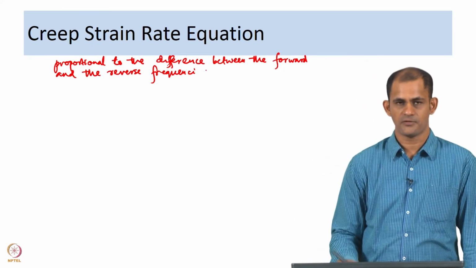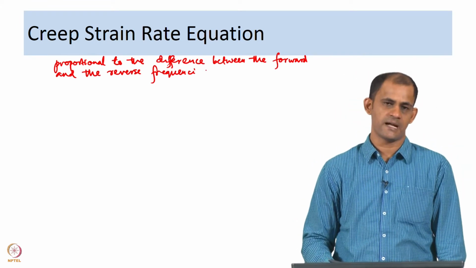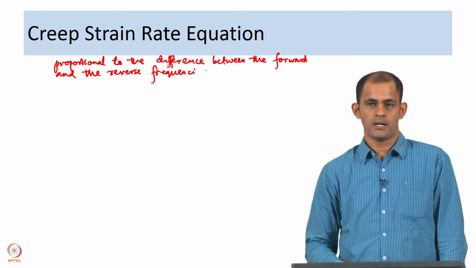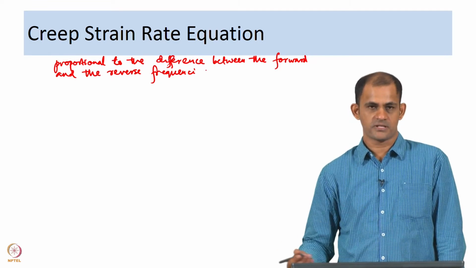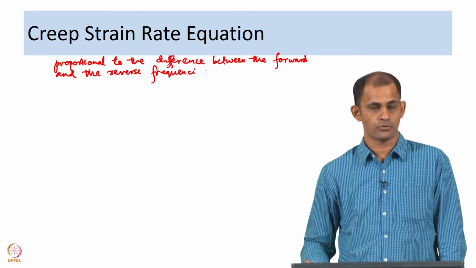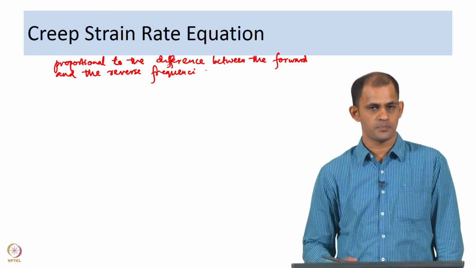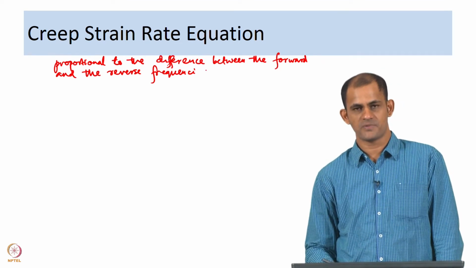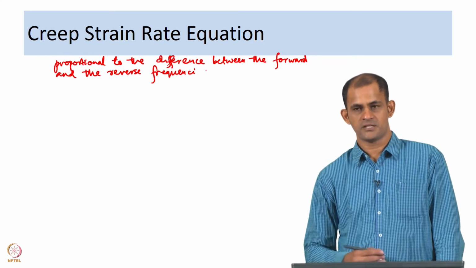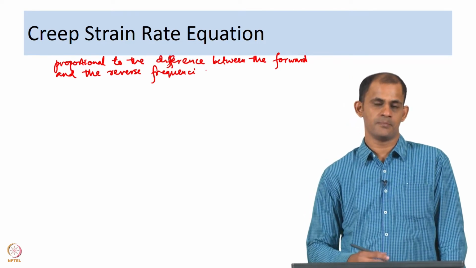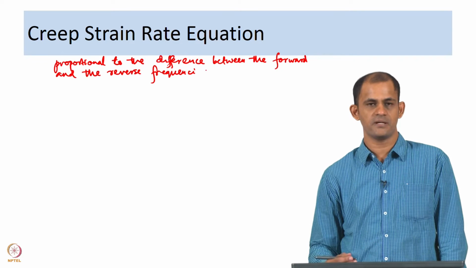We are talking about thermal fluctuations, which are kind of random. The dislocation could go from A to C or it could come back from C to A, both are possible. But when a stress is present, the motion of the dislocation is going to be in the direction of stress.